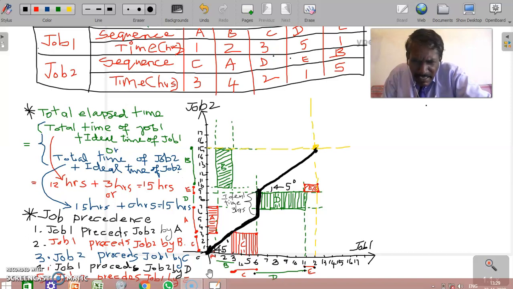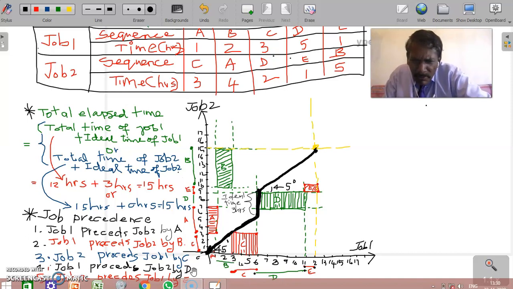Now come to the third machine precedence. On the third machine, the first job starts at the third hour, whereas the second job starts at the initial stage itself. Therefore, job precedence for C is job 2 precedes job 1. Now come to the fourth machine. On the first job, it starts at the 6th hour, whereas on the second job, it starts at the 7th hour only.